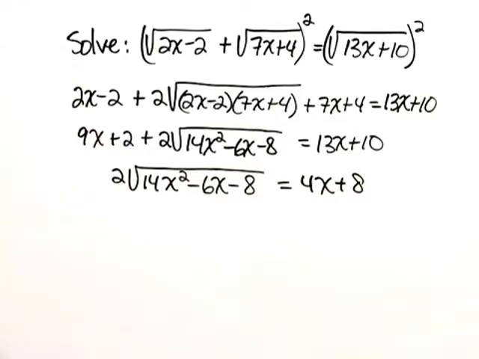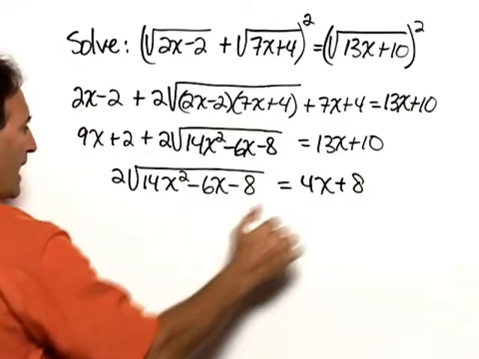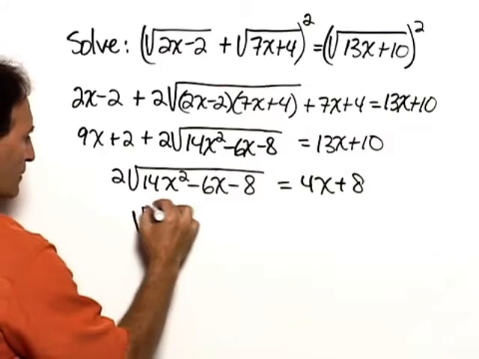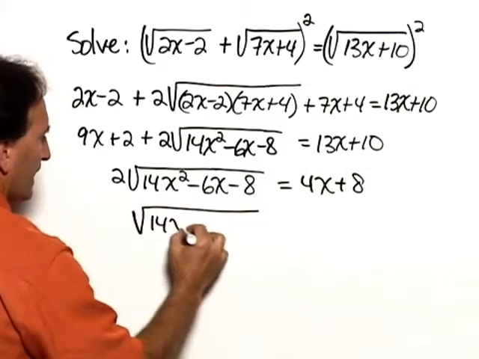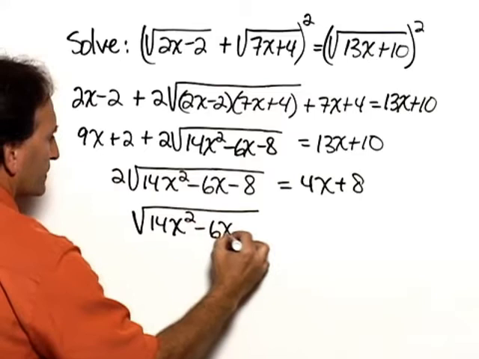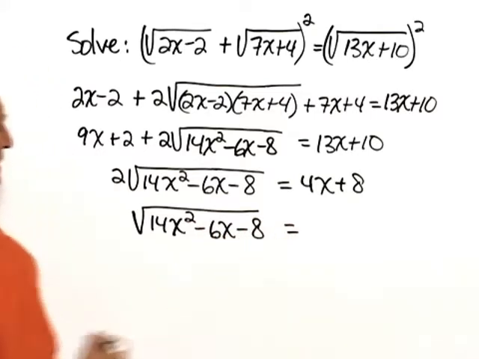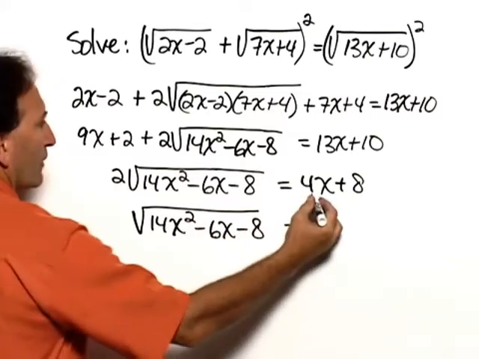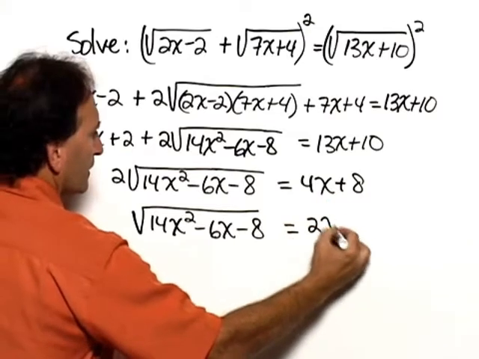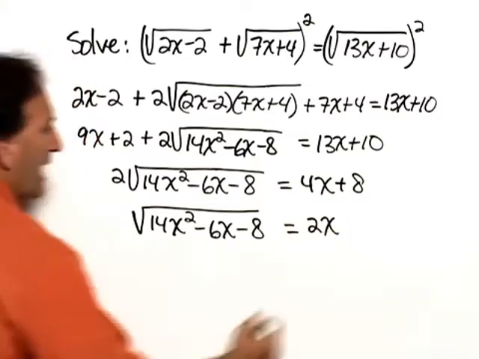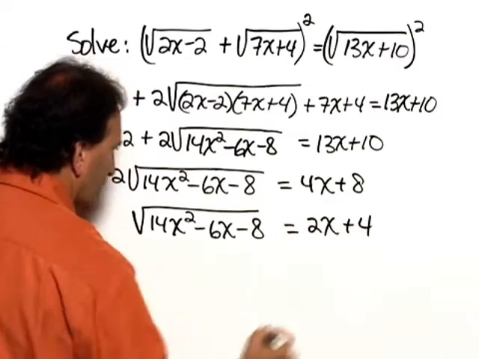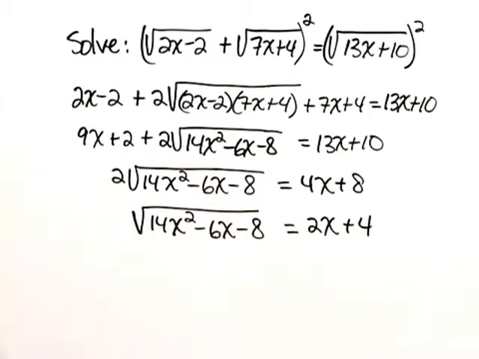Now we divide both sides by 2. And we would have the square root of 14x squared minus 6x minus 8 is equal to, well, the 4 divided by 2 gives us 2x. The 8 divided by 2 gives us 4, so it's 2x plus 4.